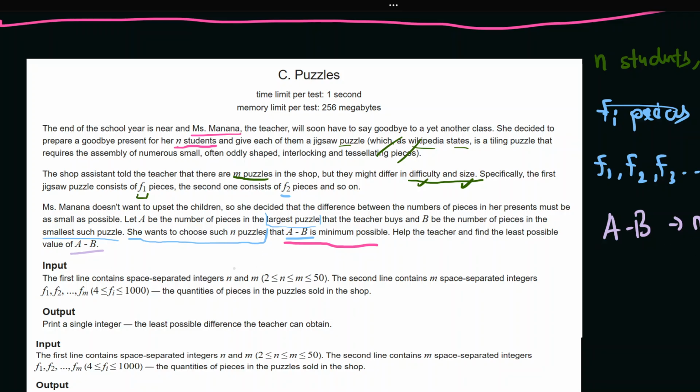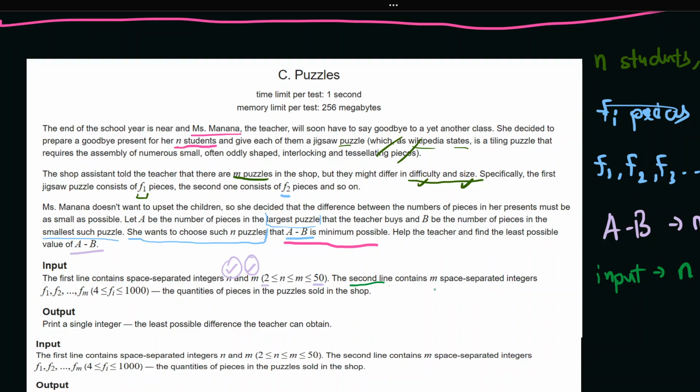Now let's check the constraints. N and M are given. N is the number of students, M is the number of puzzles, correct? N is from 2 to 50, and M is also from 2 to 50. Good. So input is like N, comma M. This is the first line.